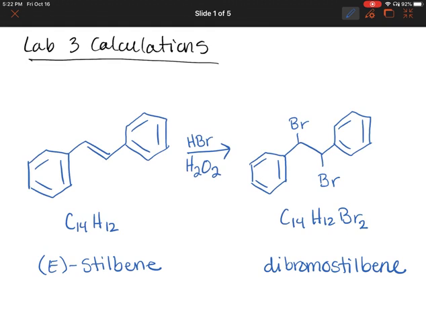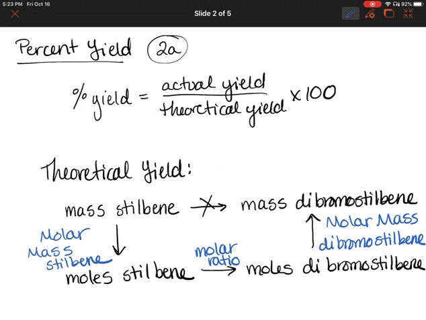We can do that using the molecular formula for dibromostilbene, which is C14H12Br2. Okay, so just a little bit of Gen Chem review for you. Okay, so now let's go to the next calculation in your lab report.